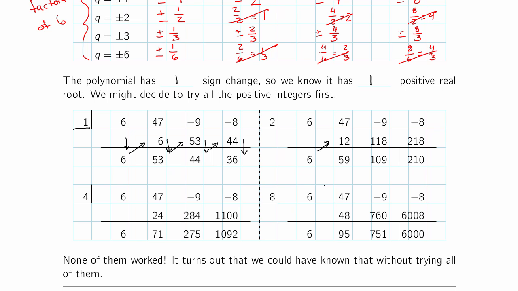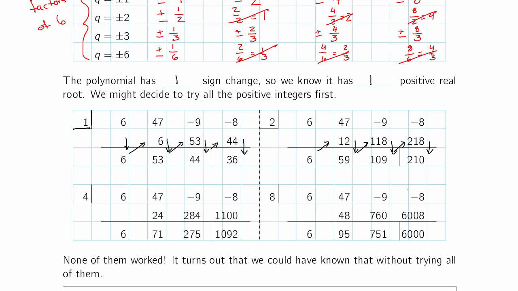This is even worse, right? 6 times 2 is 12, plus 47 is 59. Times 2 is 118, plus negative 9 is 109. Times 2 is 218, plus negative 8 is 210.